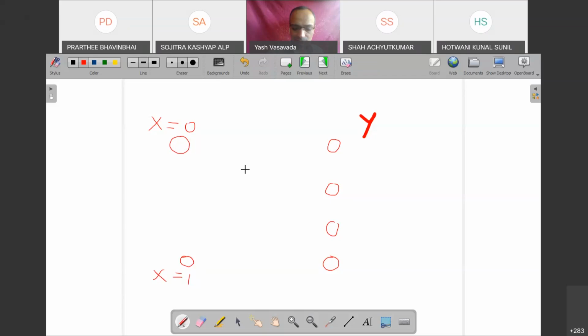Same for the probability of x is equal to 0. Okay, Achyut, what you are saying is not fully understandable by me and maybe by others also. So instead of spending time on that, maybe you can write up what you have done and send it to me. And if it makes sense, I will show it to the class next time.